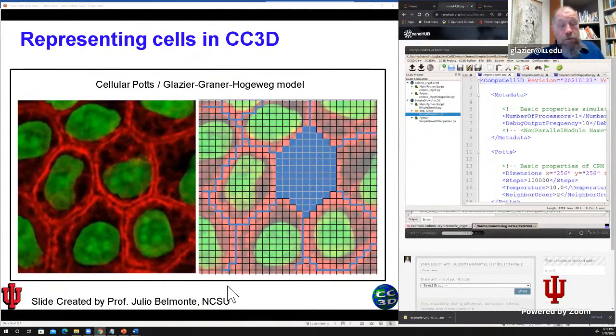In our case, what we're going to do is, again, think about taking a photograph of this with a digital camera. And so we're going to imagine that these cells are laid out on our lattice, and the lattice constant is going to be set to be smaller than the size of the cell. If the cells are typically 10 microns, then our lattice constant might be 1 or 2 microns, so that we have 5 or 10 pixels across.